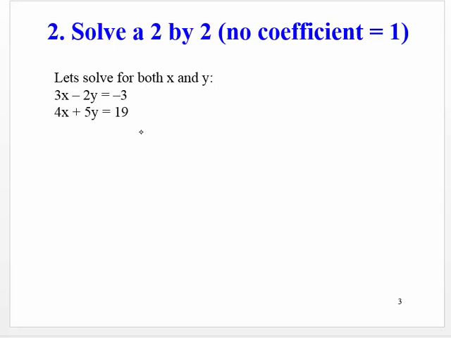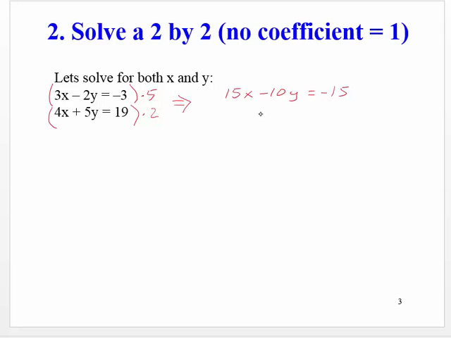Okay, let's do another one. This time, we don't have any ones in the coefficients. So what we have to do to solve this one is we just have to get one of the variables to eliminate. If I multiply this one by 5 and this one by 2, since there's a negative there, I'll eliminate the y's. You'll see, 5x minus 10y is equal to minus 15.